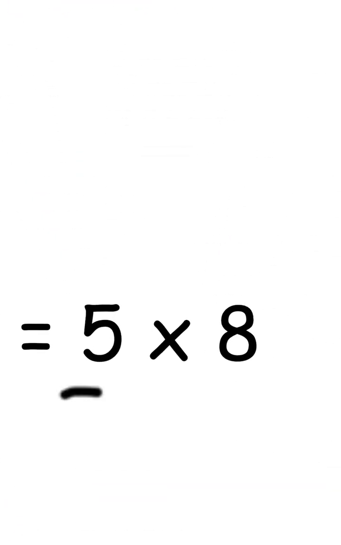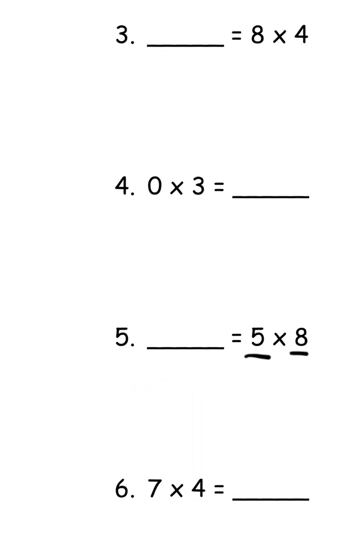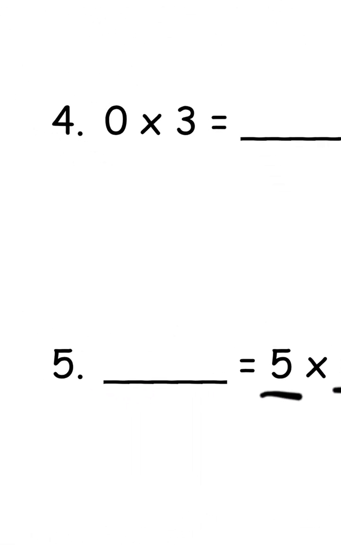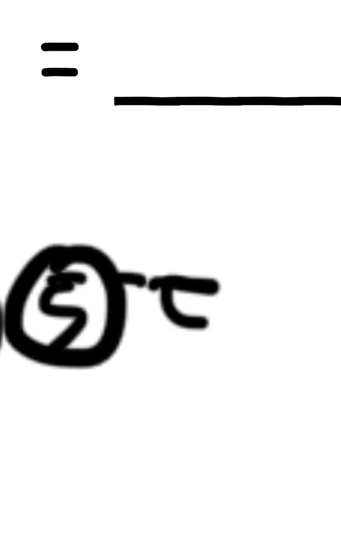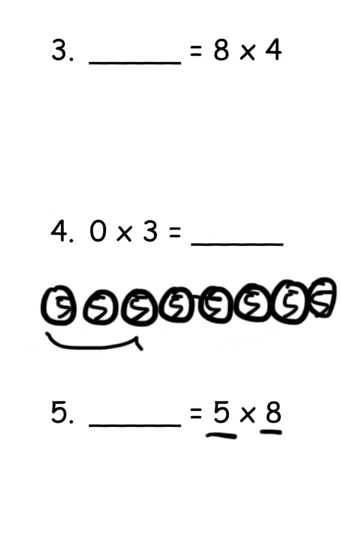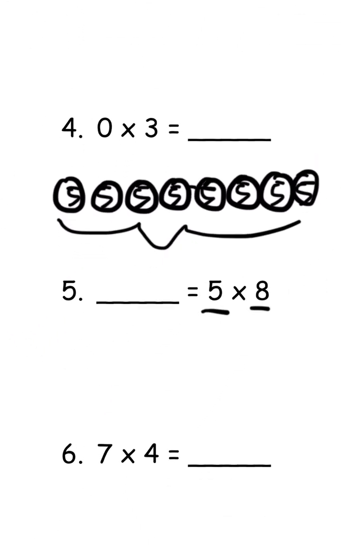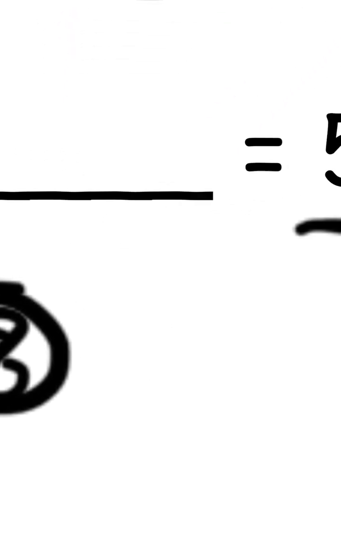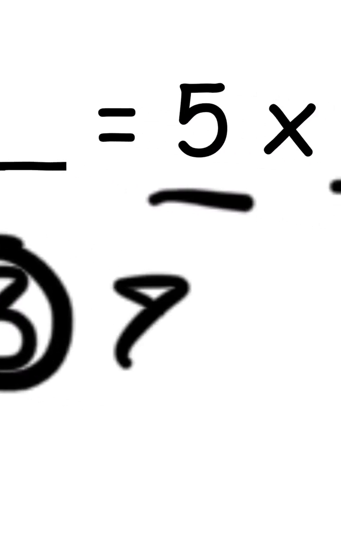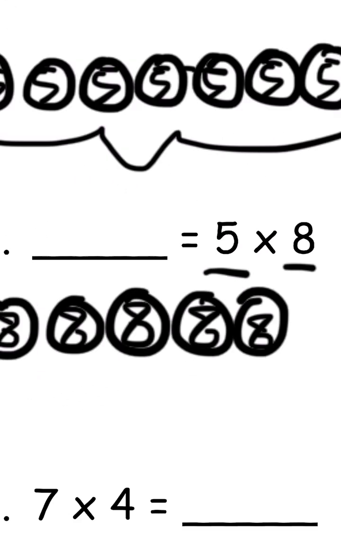Let's look at number 5. For number 5, there are 2 ways to do it. So there are 2 ways to write it. We can write 8 packs of 5. 1, 2, 3, 4, 5, 6, 7, 8, and then add all of them. Or we can write 5 packs of 8. 1, 2, 3, 4, 5, and add all of them.